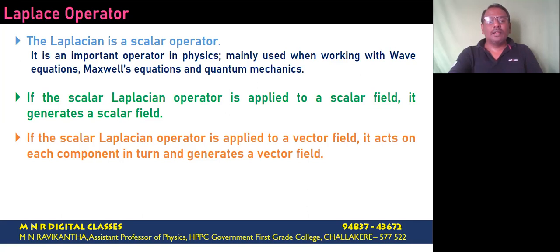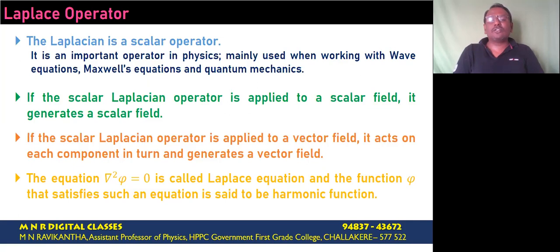Be careful with operations of the Laplacian operator. The Laplacian operator is a scalar operator. When it is operated on different fields, it results in the corresponding fields. When it is operated on a scalar function, it leads to a scalar field. When it is operated on a vector field, it leads to a vector field.